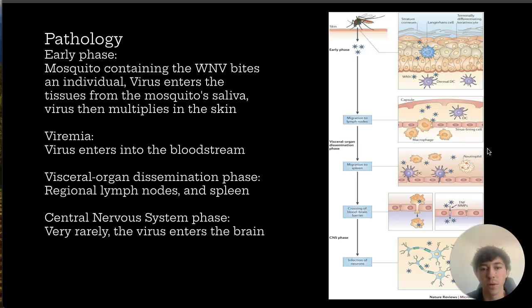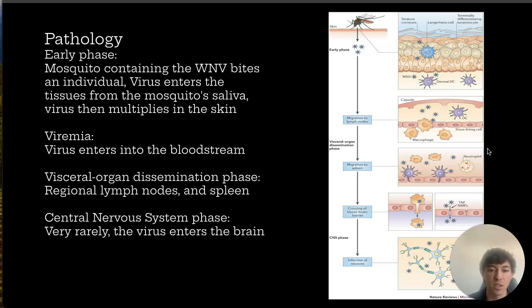Pathology, so preferentially the virus wants to attack the central nervous system. However, that is very rare for humans. It is seen mostly in birds because it can cause paralysis or just loss of muscle movement. But for humans, it's very rare. So for the early phase, it enters the tissues from the mosquito's saliva and multiplies in the skin.